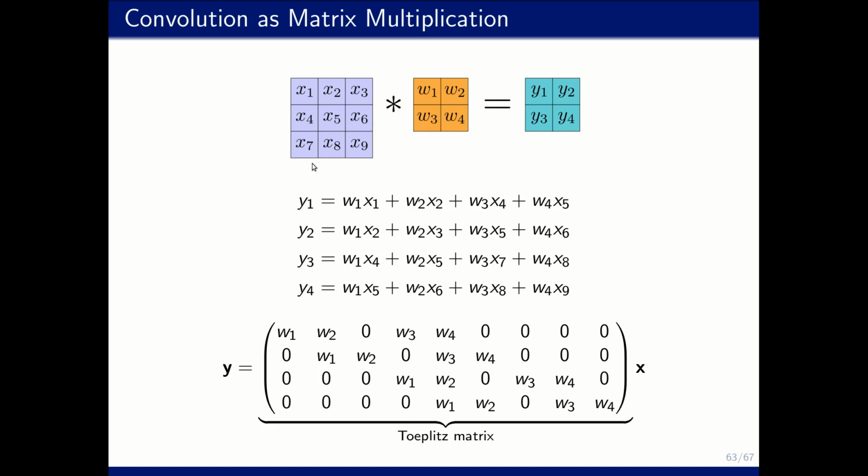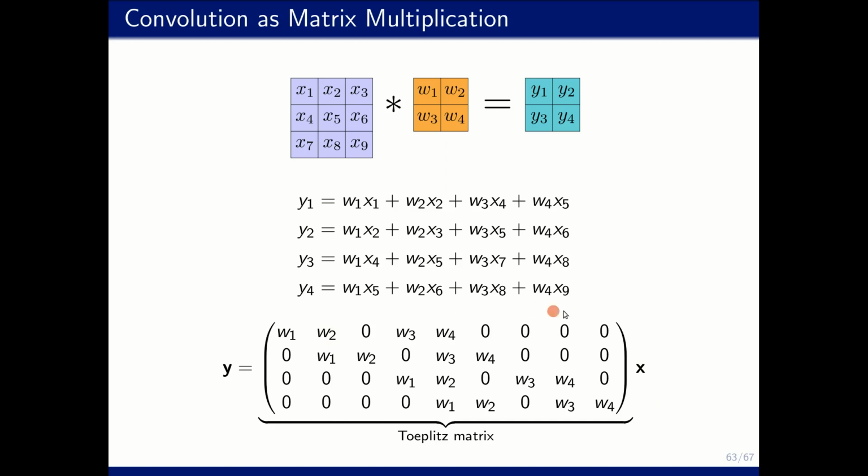Please double check that this convolution indeed corresponds to this system of equations. So here the outputs, and we have x1 to x9. Now if we collect the y's into a vector y, and collect these 9 inputs into a vector x, then we can write the system of equations as this matrix multiplication.